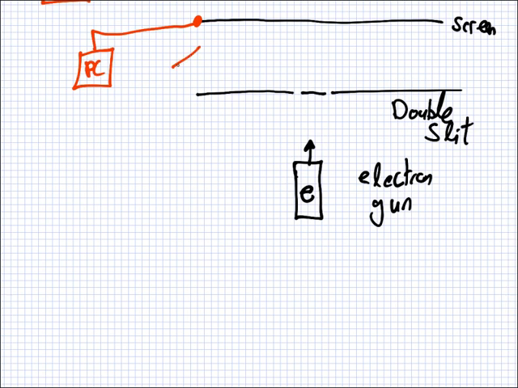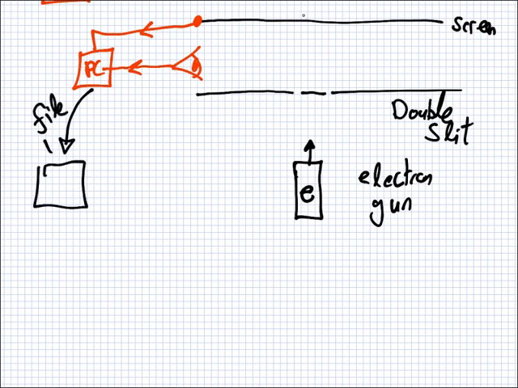And then here you have your detector, and this is connected to the PC. So after the experiment, you get two files. File 1 is the screen. So maybe it'll look like this, or it could look like this.